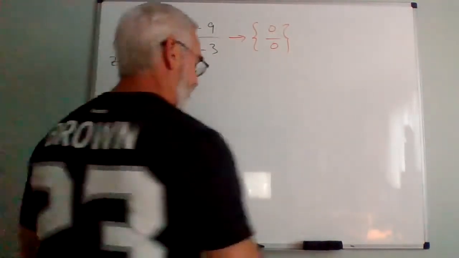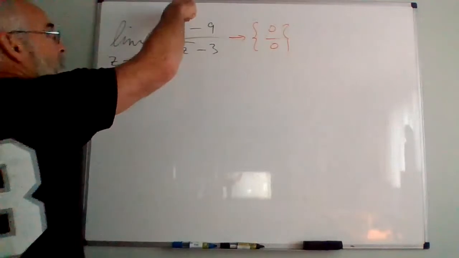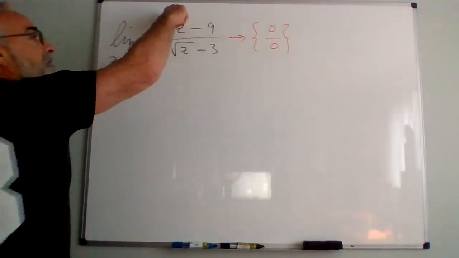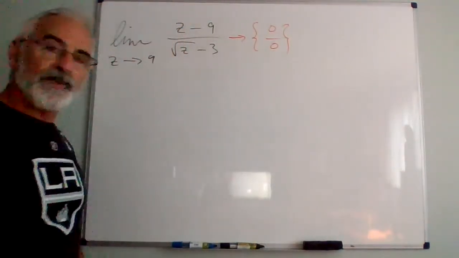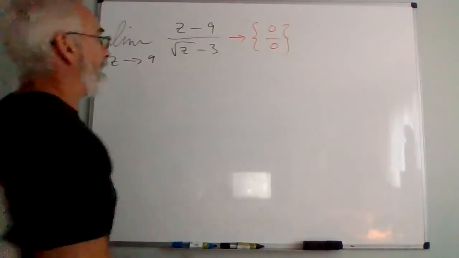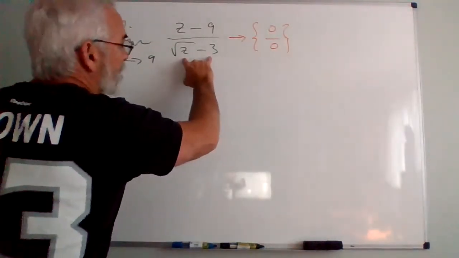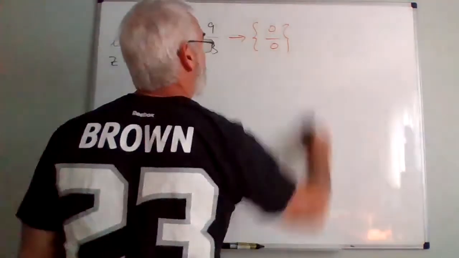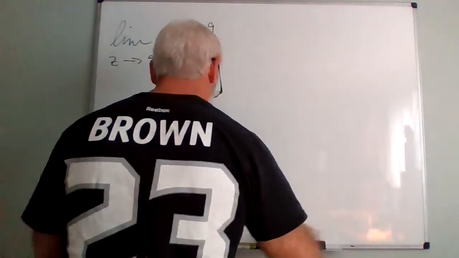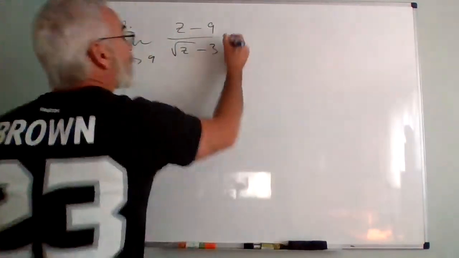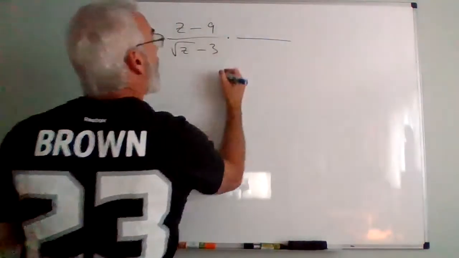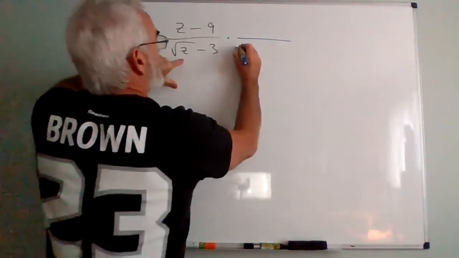Well, probably the simplest thing is I would like to remove z minus 9 from the problem. If I could remove that from the problem, then this would be easy to evaluate. So if I can create a z minus 9 in the denominator, I'd be able to factor and cancel. And the way I will do that is to multiply top and bottom by the conjugate of the denominator.